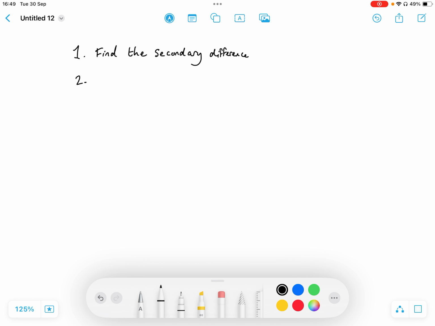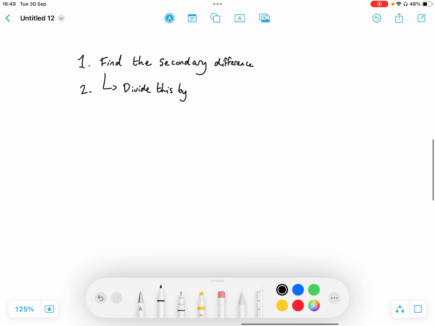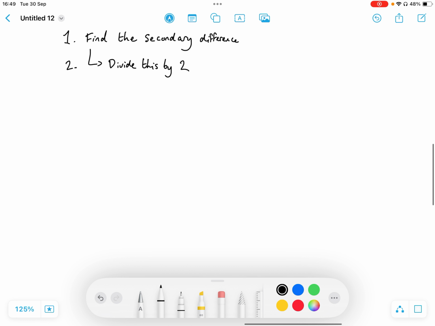Step 2, divide this by 2. And this is the value of your n squared. If it's 4 divided by 2 is 2, 2n squared. 10 divided by 2 is 5, 5n squared. This is the value of n squared.